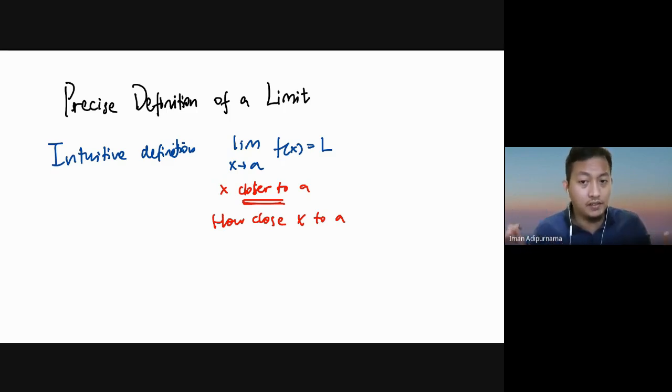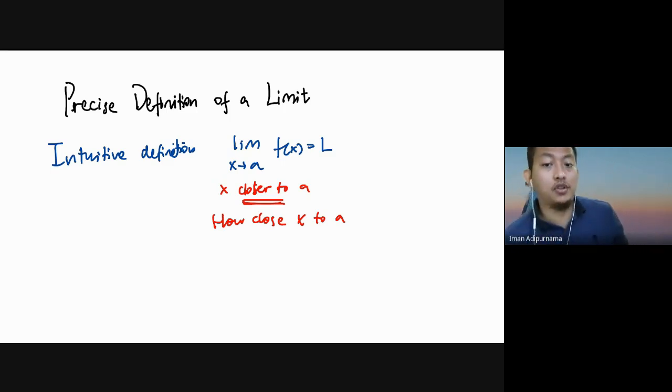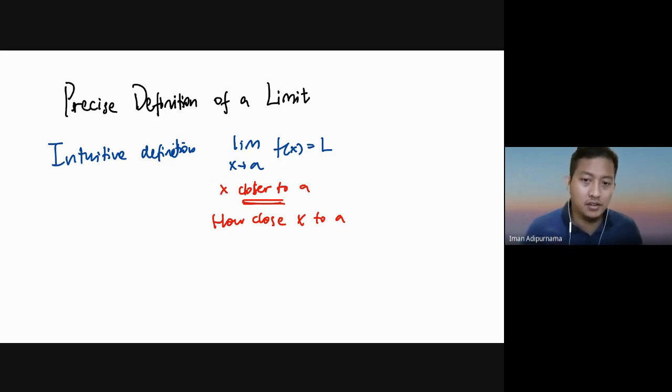But in terms of mathematics, to prove that, we need to have an exact, or precise, number. In terms of definition, it must be precise. So we still need the precise definition of limit.